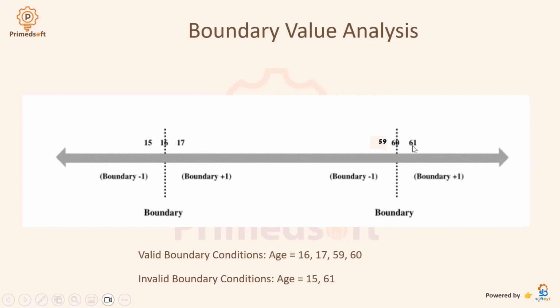So mathematically, how do you work out your boundary? When you have divided it into equivalent class partition, you have 16 on the left-hand side; you minus 1 from it, you have 15. That is your boundary value.